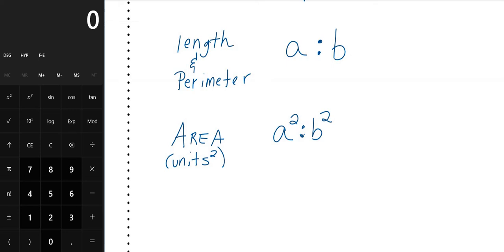So if you're looking for area, because it's in units squared, you have to square your scale factor.